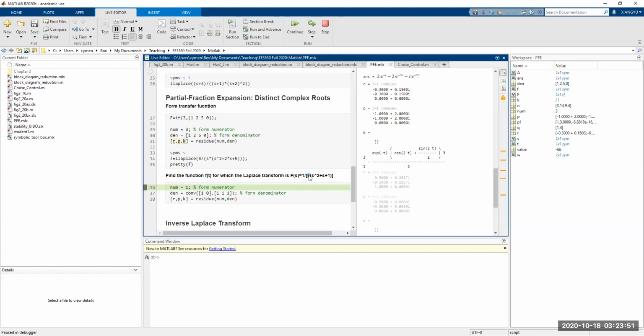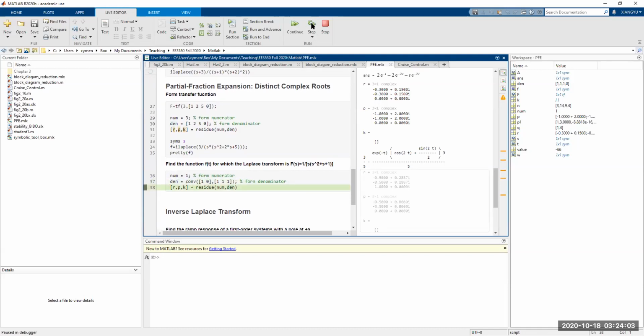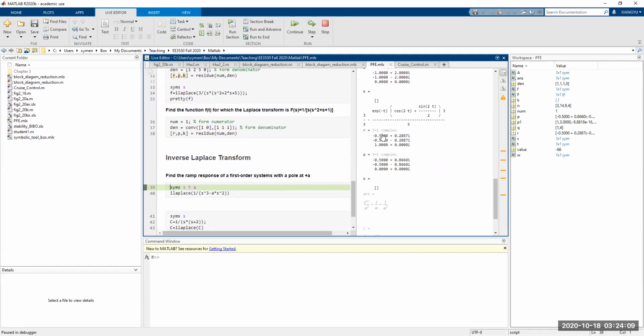The first polynomial has coefficients 1, 0. The second polynomial is 1, 1, 1. Then we can apply residue to calculate the partial fraction expansion. Here it shows the result.